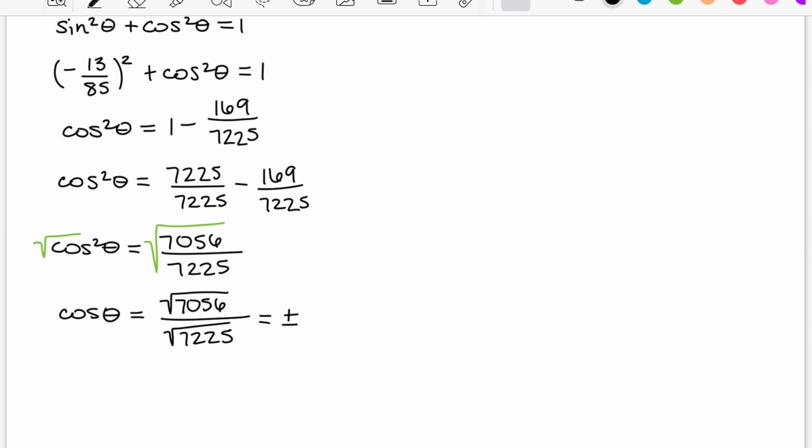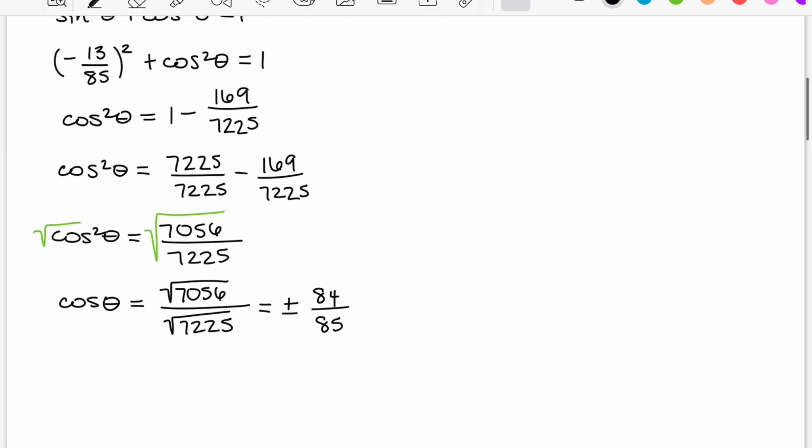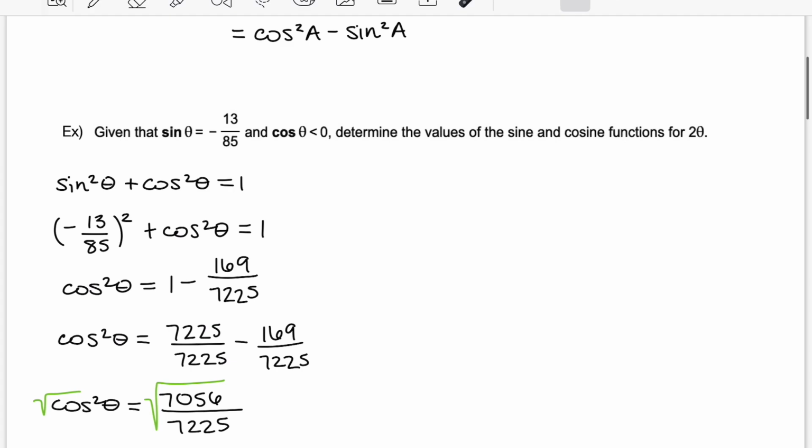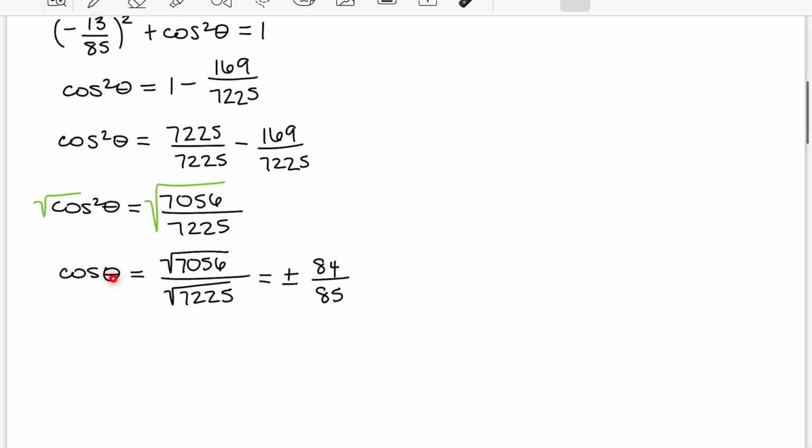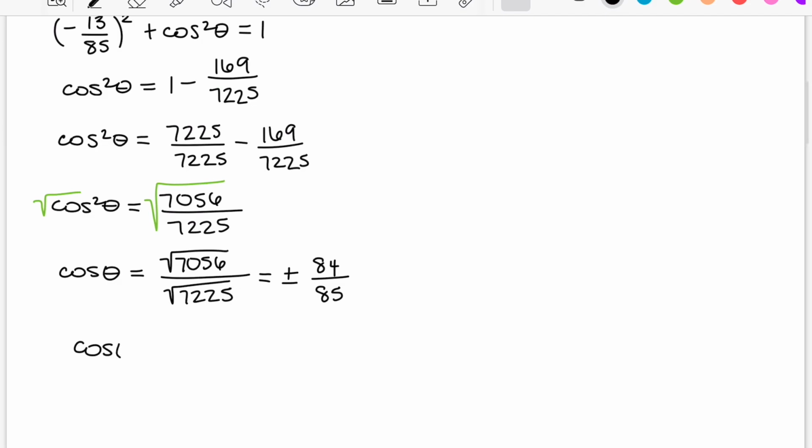Square root of the numerator is going to be 84, and the square root of the denominator we know is going to be 85. Now, remember in the beginning of the example, it told us that cosine of this value theta needs to be less than 0. We just showed that cosine theta is either going to be plus or minus this. Since it needs to be less than 0, this tells us cosine theta is going to be minus 84 over 85.